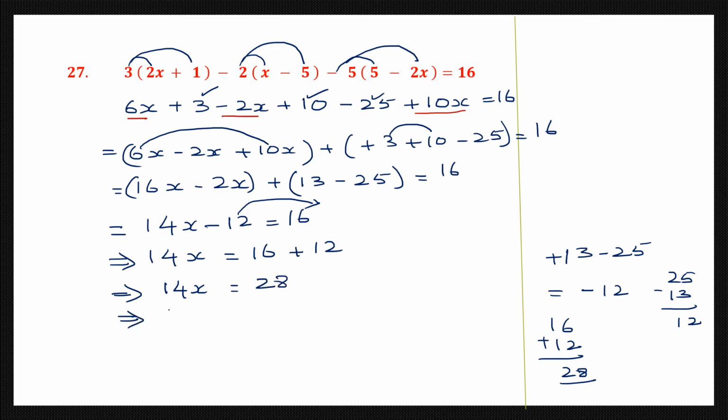So 14 into x is 28. Therefore, what does this mean? X will be equal to 28 divided by 14. 14 2s are 28. So we have solved for x. X is equal to 2. That is our final answer. X is equal to 2.